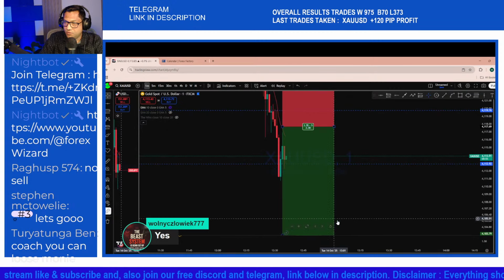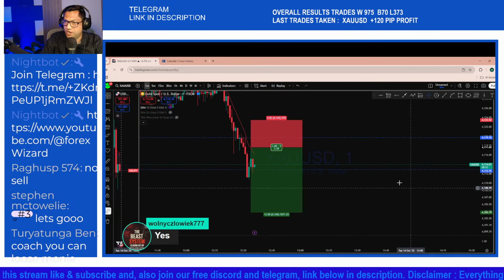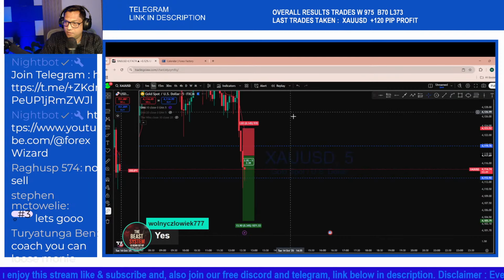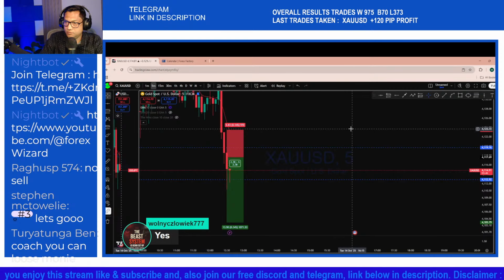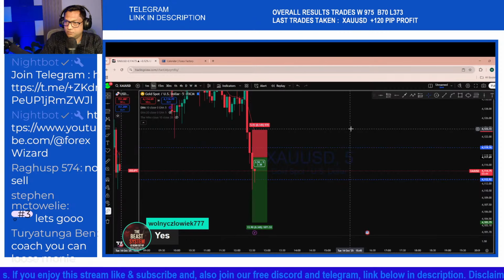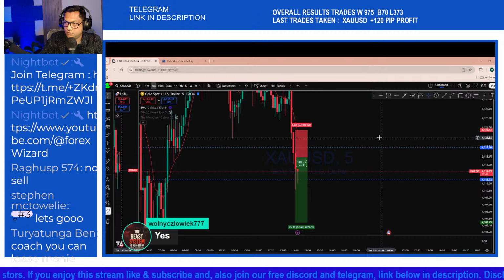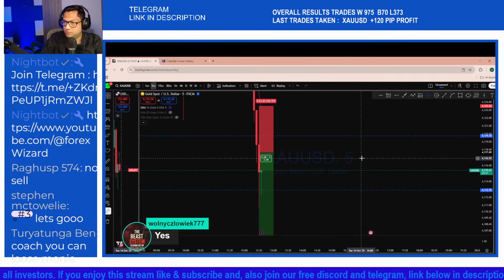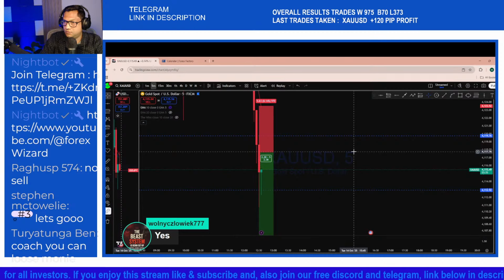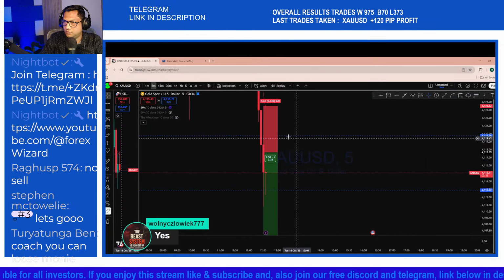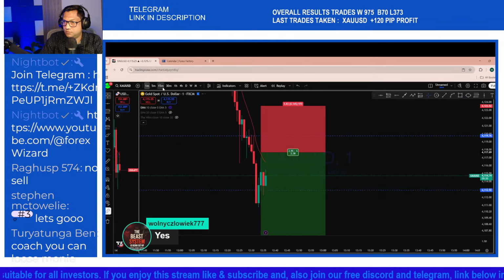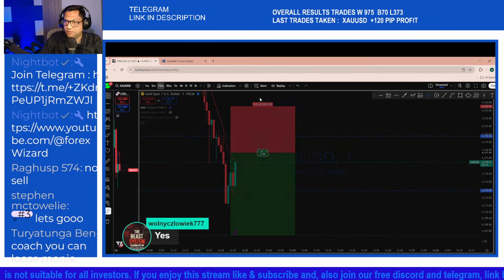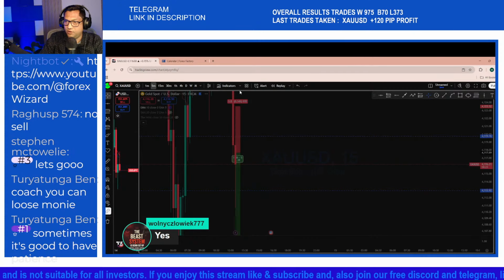So there is a bearish move here, expecting this market to possibly fill that zone. Now, we wouldn't want to see the market bounce off that level.